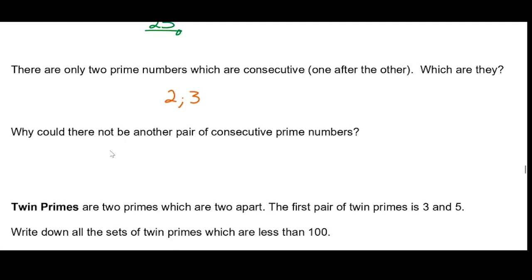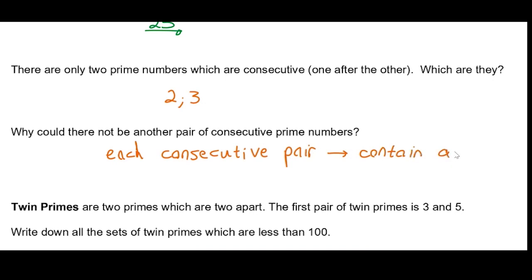Well, the thing is that every other pair of consecutive numbers will have an even number, all right? Each consecutive pair, so 2 numbers that follow on from one another, will contain an even number. It will either be an even number then an odd number or an odd number then an even number.